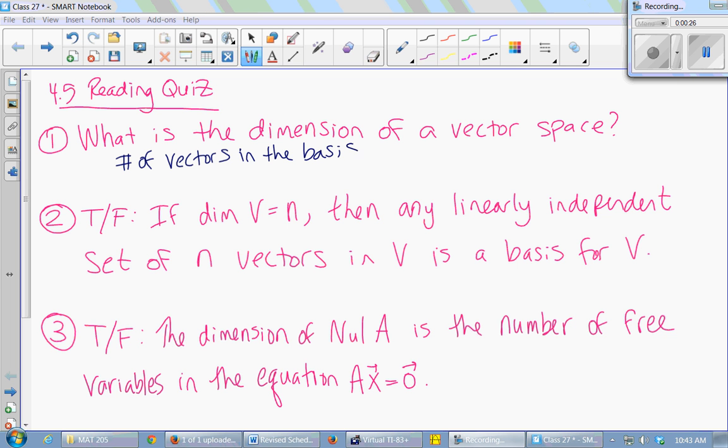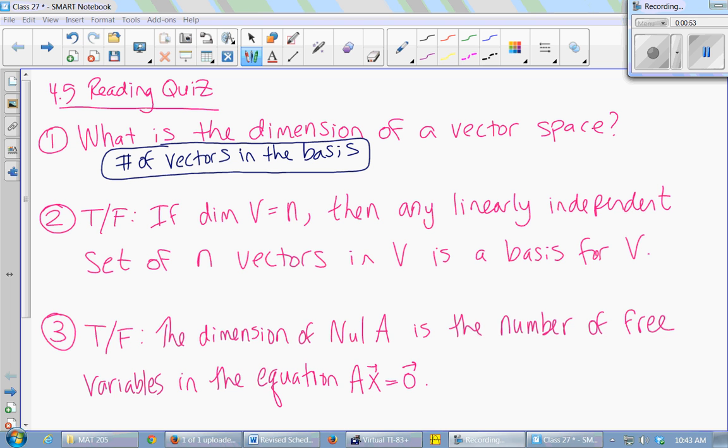N is not a good answer. Yeah, but what the heck is N? Nope, I'm looking for the number of vectors in the basis.